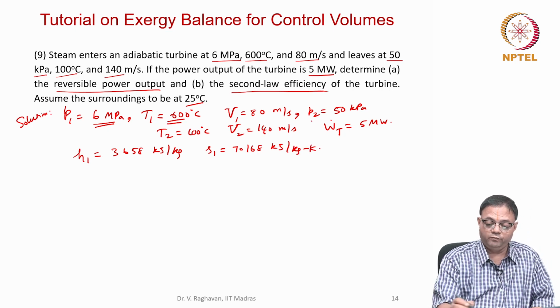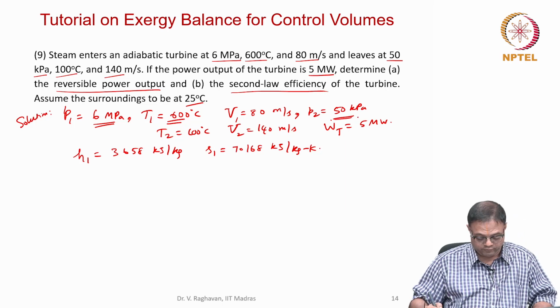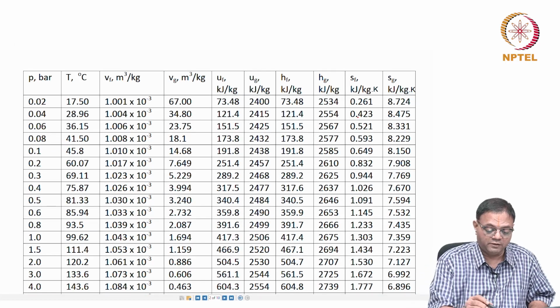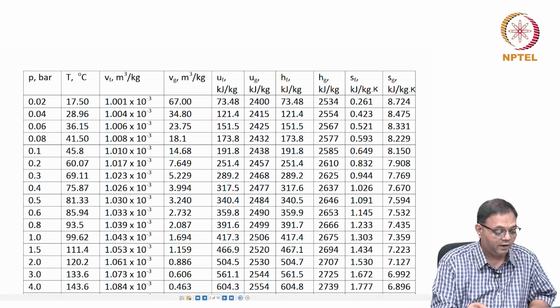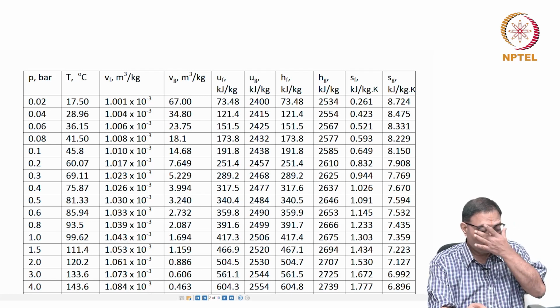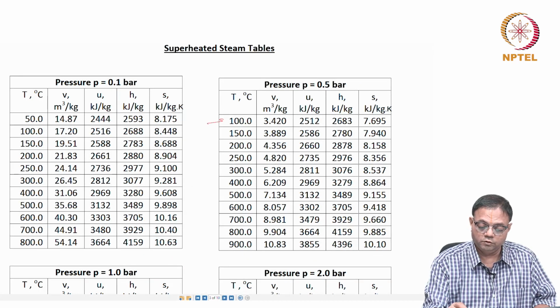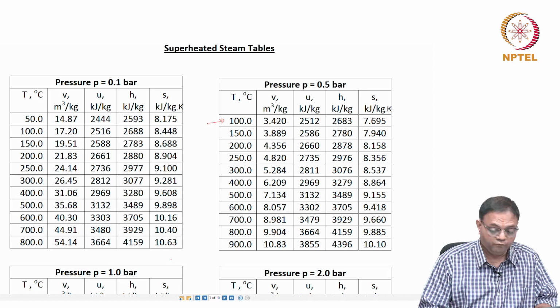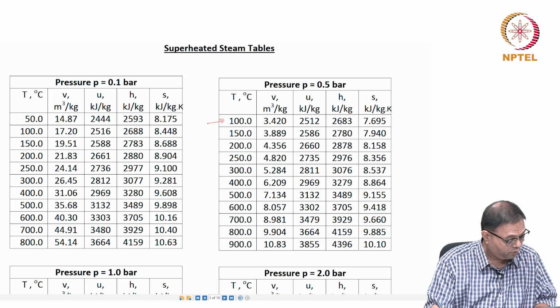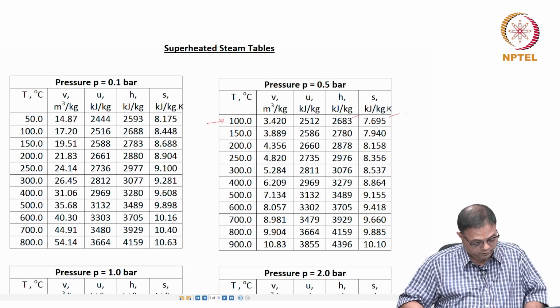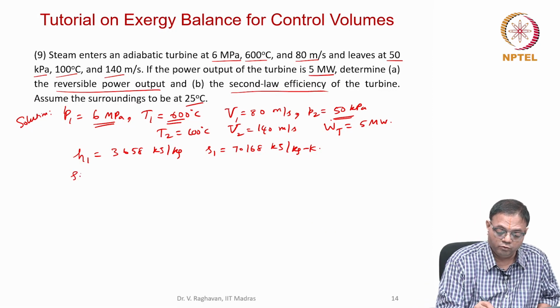Similarly, go to the table for 50 kilopascals to fix state 2. Here the saturation temperature is 81.33, but the given temperature is 100. So you can see that this state also is a superheated state. So here you get the state 2 enthalpy as 2683 and entropy as 7.695.